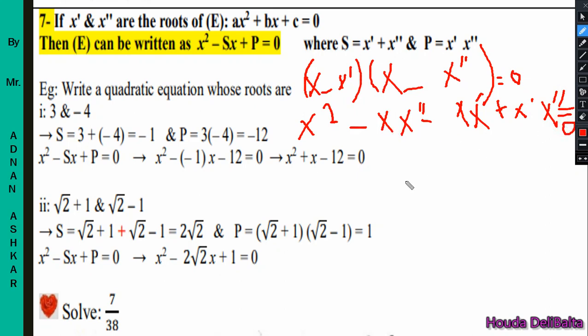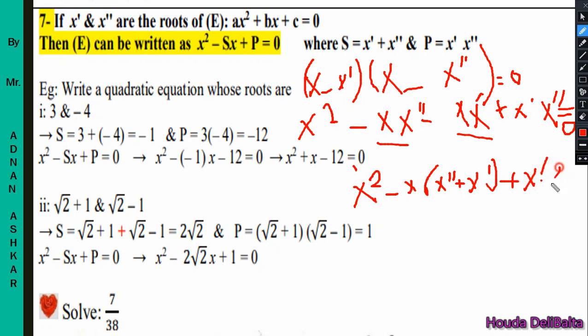Now let's take x common, so we will get x squared minus x. What remains inside is x double prime, and here is the sum appearing, plus x prime. So I just take x as a common factor. What remains inside is x double prime plus x prime, plus x prime dot x double prime equals 0.